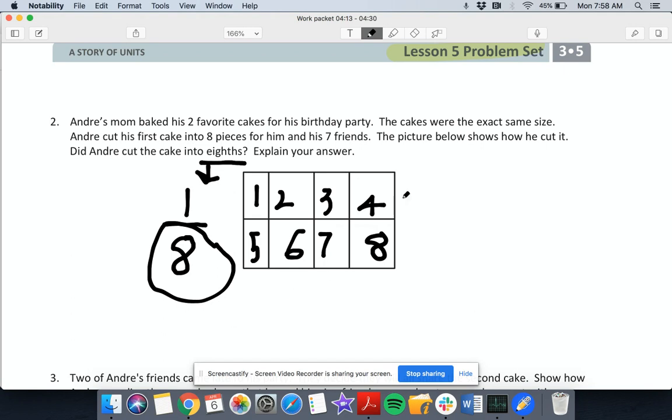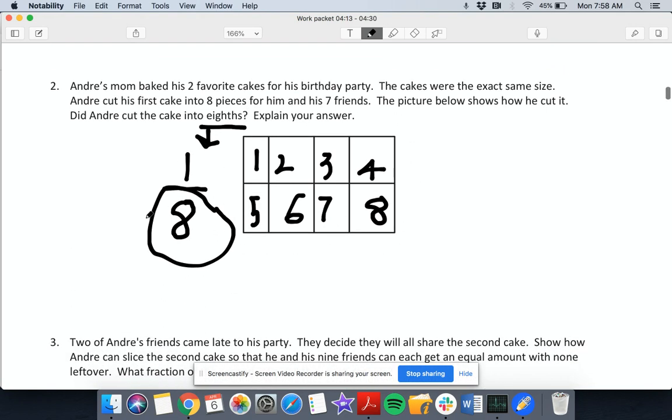Okay, so there's 8 pieces here, right? So did Andre cut the cake into eighths? Yes. Why? Because there are 8 pieces. Okay, so we could write yes, 8 pieces.